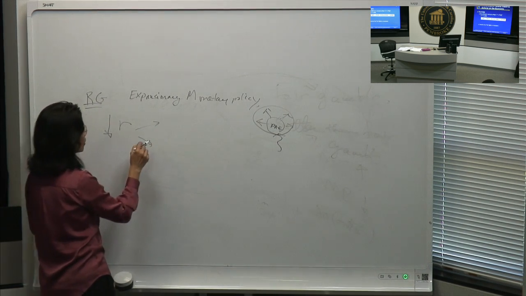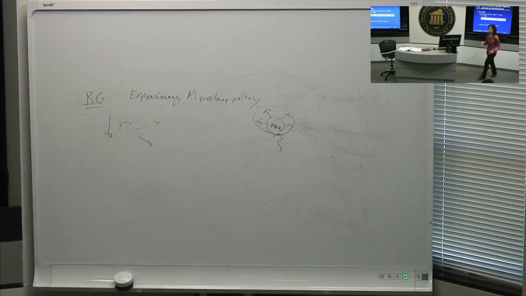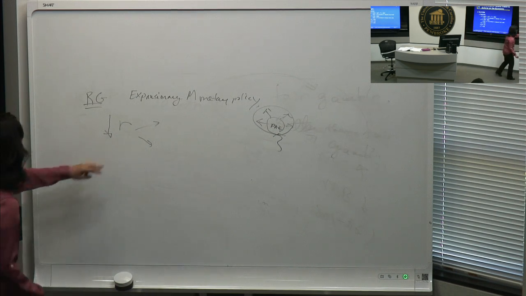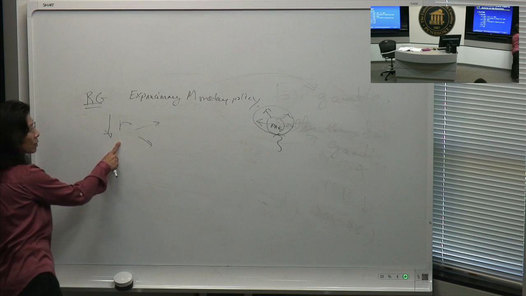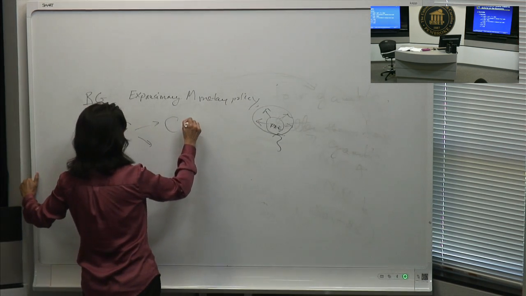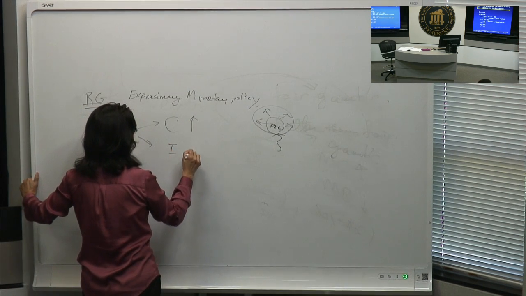If you lower the real interest rate, and interest rate appears in your investment function, the term I sub P is not a pure number anymore, it has a second term to it, and it's also negative. So therefore, if your real interest rate is lower, your C will go up, your I will go up.